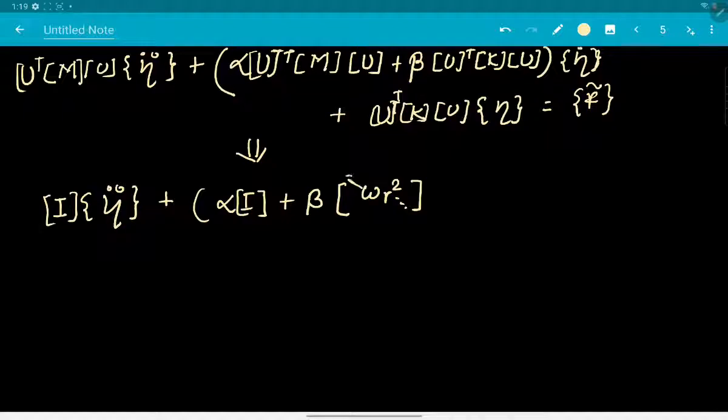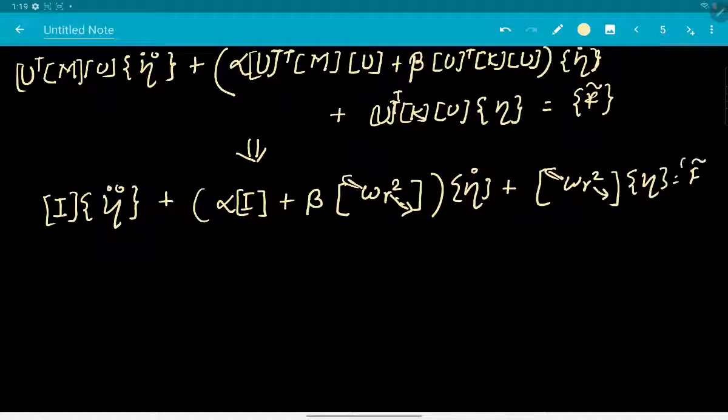I'm writing it in this way, which symbolizes that it is a diagonal matrix. Eta dot plus this will be omega, again I'll be writing it in the same fashion, eta, that is equal to f tilde.